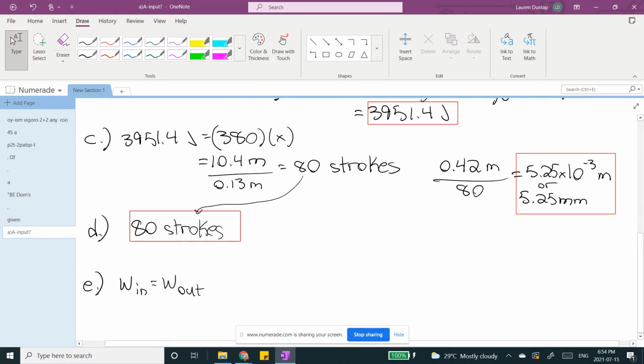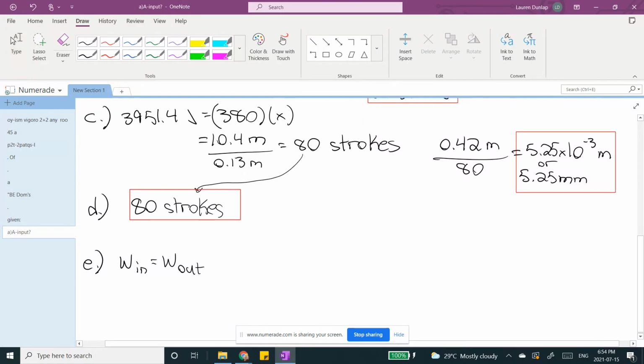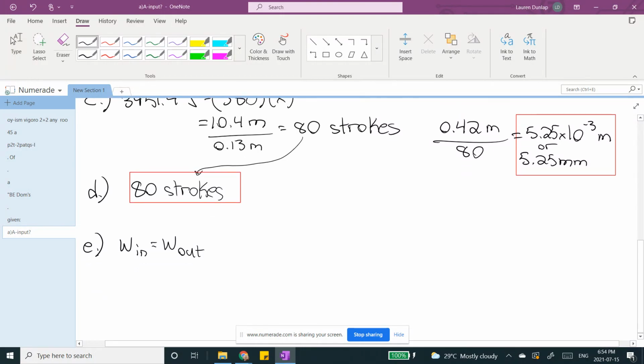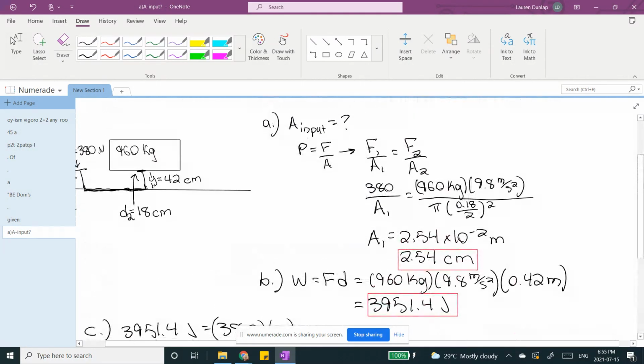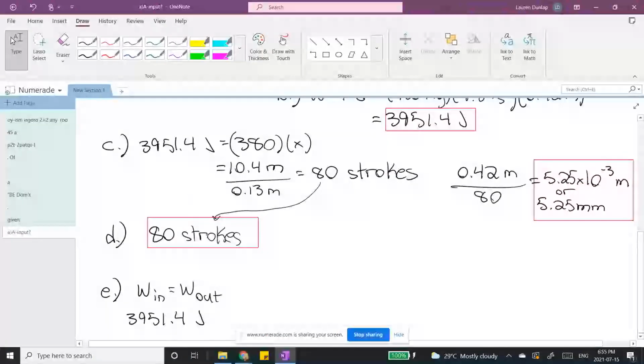You'll recall up here that we calculated work as being 3,951.4 joules. So both of these should equal 3,951.4 joules. And our work in is going to be the 380 newtons times the 10.4 meters that we found here.